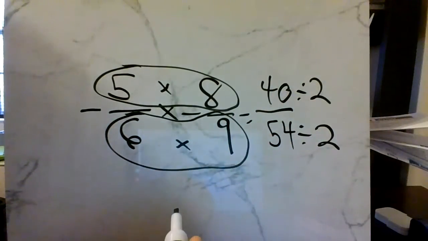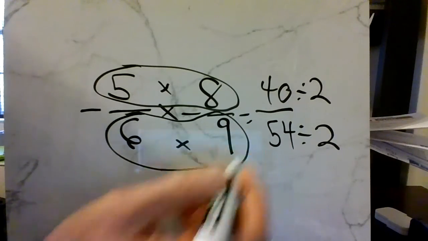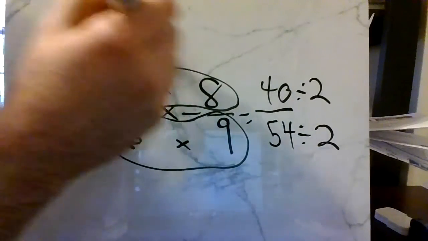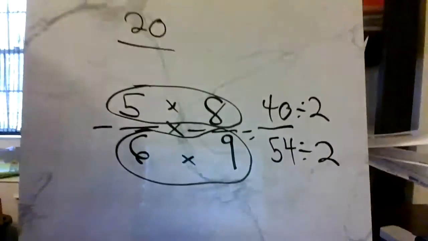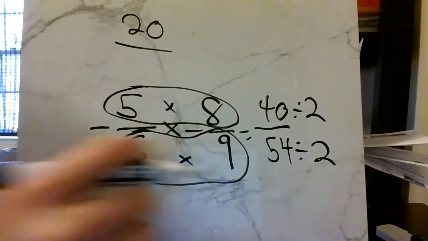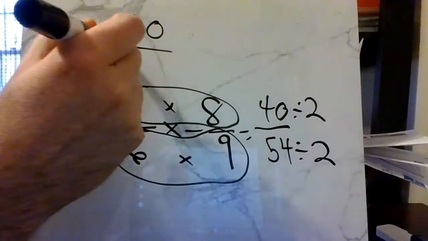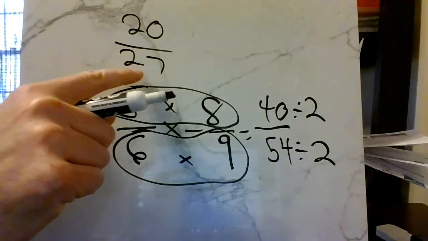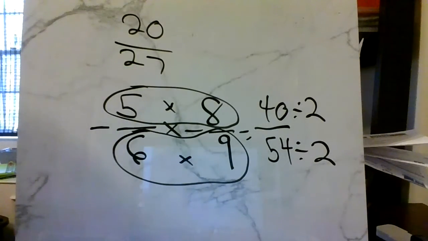There's nothing wrong with keeping it simple. That's probably the most logical way to do it. 40 divided by 2 is 20. 54 divided by 2 is 27. Now in this case, the only numbers that go into 27 are 1, 3, 9, and 27. So this is actually simplified. So there was 20 over 27.